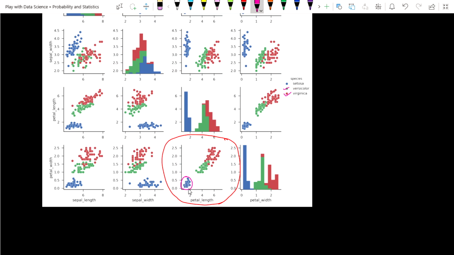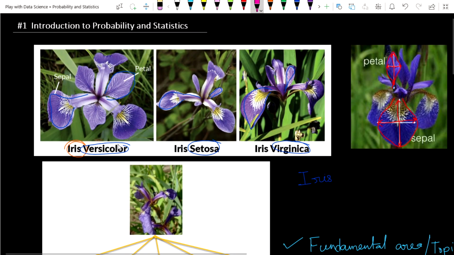Just see this, the petal length and the petal width. Petal length and petal width are easily separable, because they have small values compared to the other two. Now, petal means this one, petal means this one, and here petal means this one. But the main thing is that these two look like similar types of things.